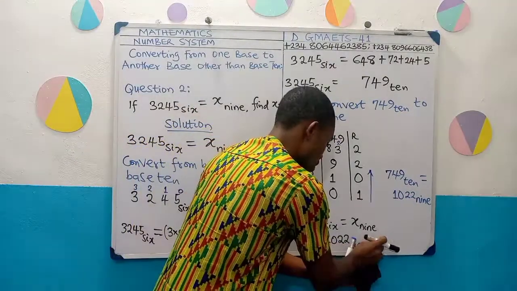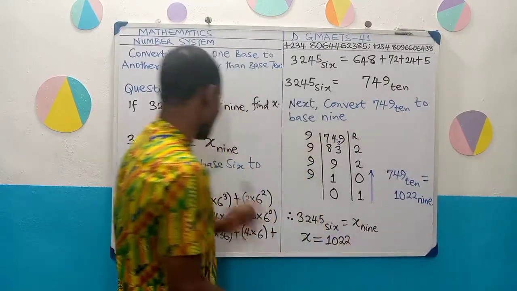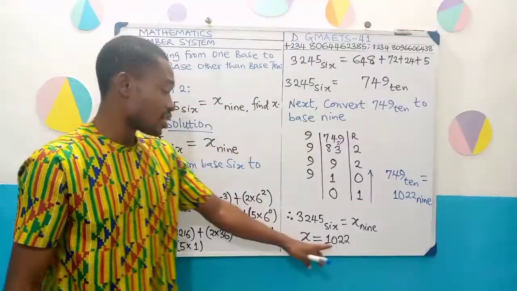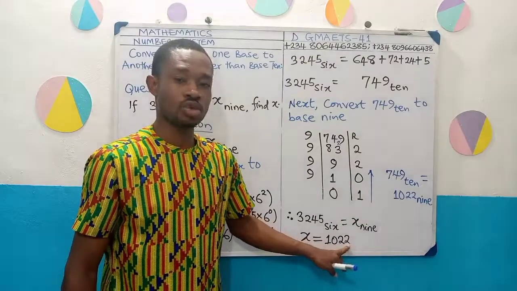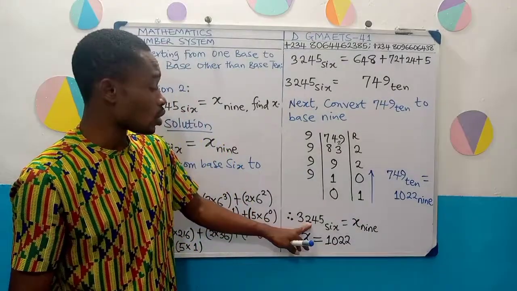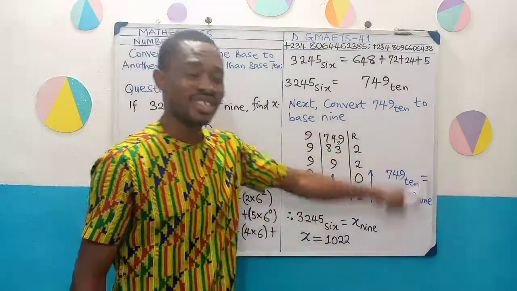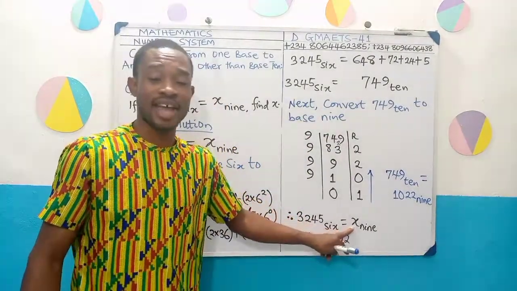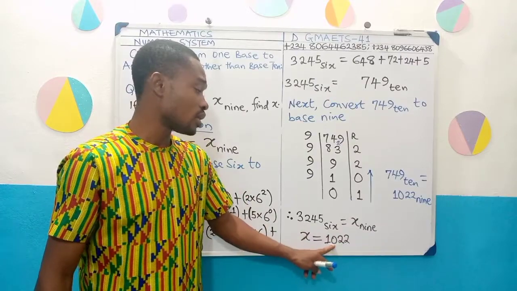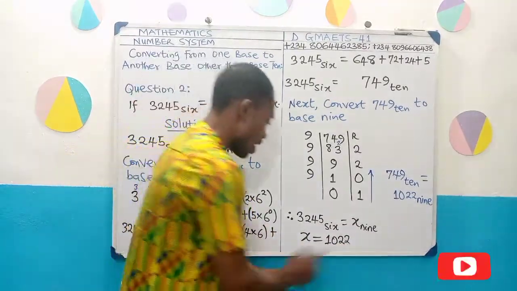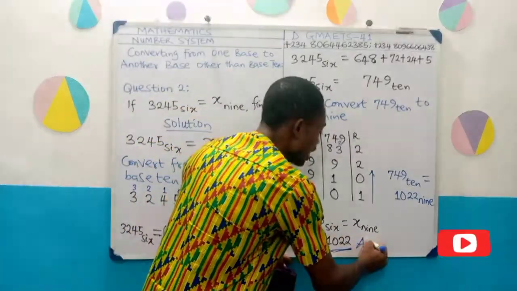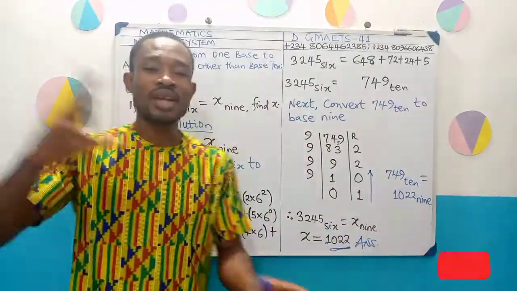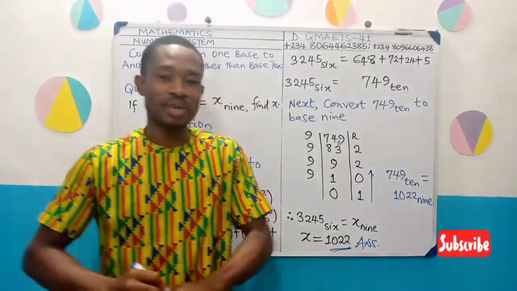In fact, let me wipe this base because it is just x that they say we should find. X is 1022. So if you are converting 3245 base 6 to base 9, the number you are going to get, which the question told us, let us take it as x. That x is 1022. Answer. So that is how we convert from one base to another base, which is not base 10.